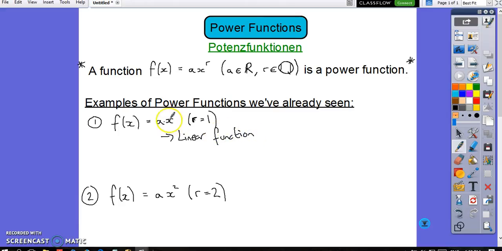And in fact, because this goes through the origin, because we don't have a plus d at the end, we know that it must be direct proportion. As x gets bigger, f of x gets bigger in proportion to each other. So it's direct proportion because it goes through the origin.